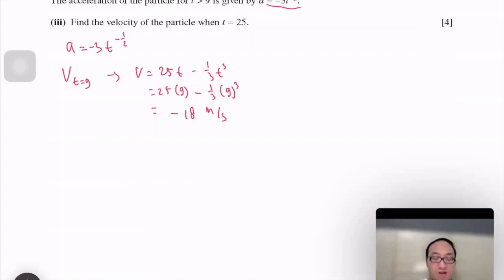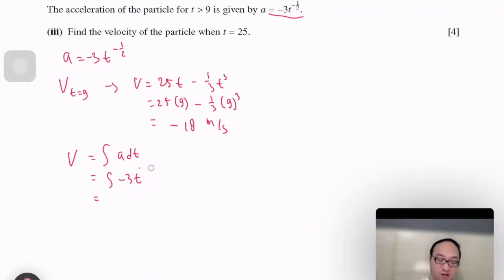Now, how do we find the velocity when t equals 25? We have to find the velocity formula for this stage. Again, we integrate the acceleration. So the integral of negative 3 t to the power of negative half dt.